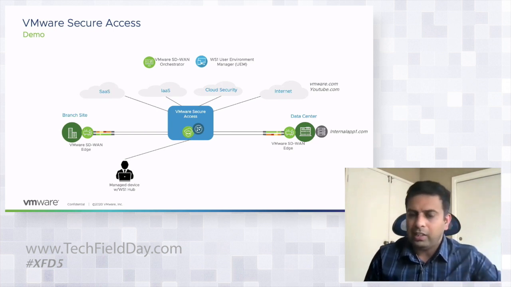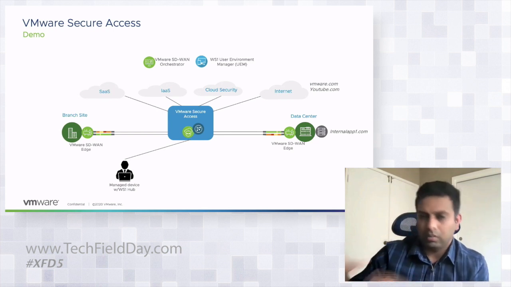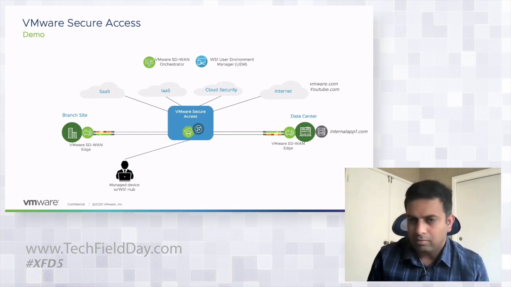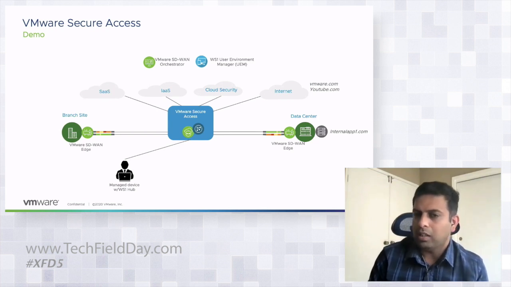And it's carried on a secure tunnel from that POP to the enterprise data center where the application is hosted. So in this example, I just have a very quirky Apache server running behind Edge, which is actually acting as a data center.